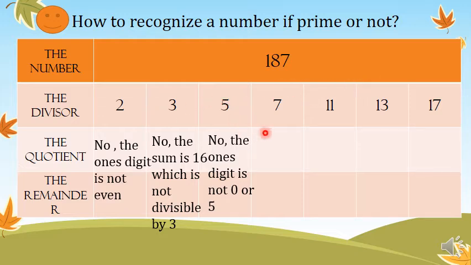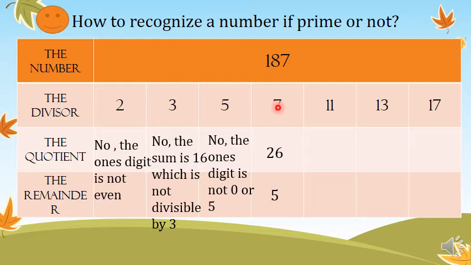After 5, I have 7. So let's test. Is 187 divisible by 7? I make the division. The quotient is 26 and there is a remainder of 5. So it's not divisible by 7.